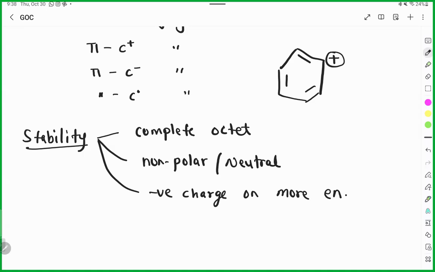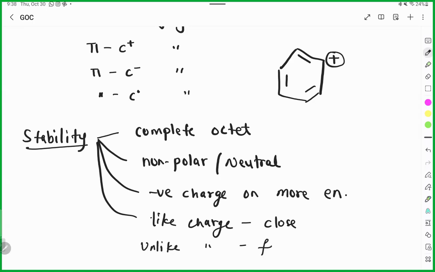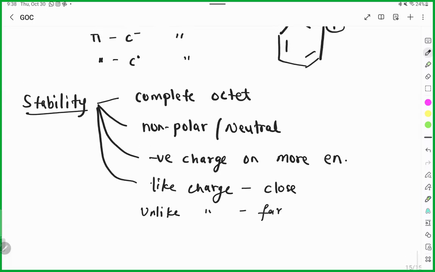If like charges are close to each other, it is maximally stable; if unlike charges are far away, it is more stable. So these are the criteria that tell you which molecule is more stable: complete octet, neutral molecule, negative charge on the more electronegative atom, like charges close, unlike charges far away. And one more thing, more resonating structures means more stable. If you can form multiple forms, then it is more stable.